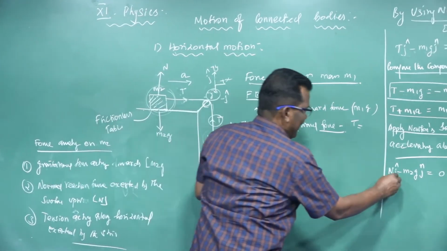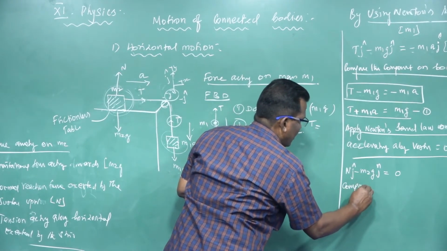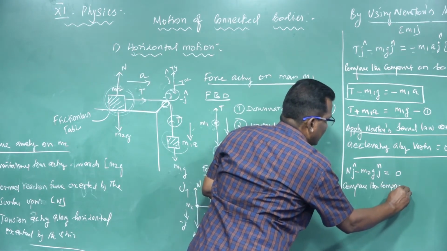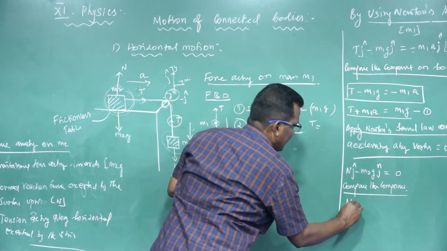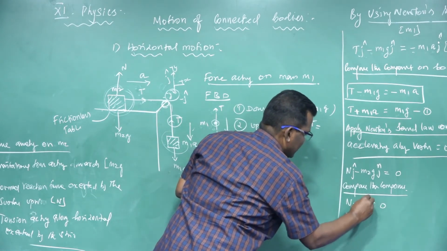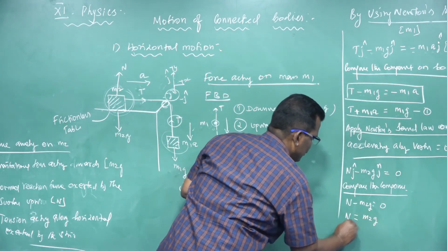So once again compare the components. N minus M2g is equal to 0, or N is equal to M2g.